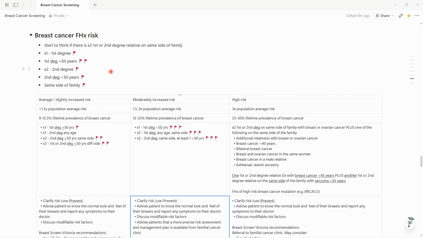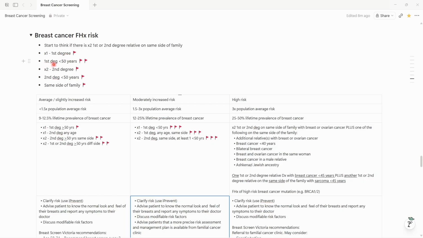To make it easier to understand when a patient could fall under moderately increased risk, there's this flag system that I've come up with, where you need to have 3 flags in order for someone to be classified as moderately increased risk. You have a flag if you have a first degree relative. So if you have 2 first degree relatives, you'll have 2 flags, 1 for each.